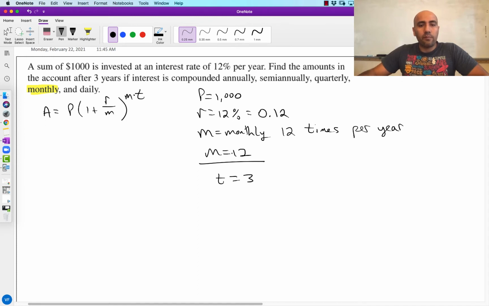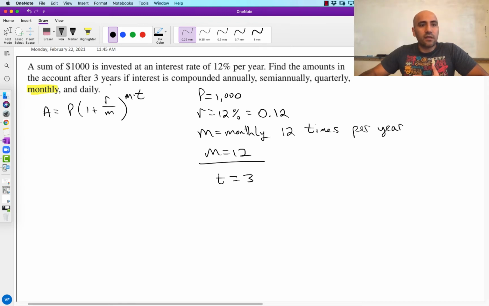Okay, so remember that the rate and the time is always presented, well, almost always, in the formula in terms of years. So the annual rate and T in terms of years. Now the word problem could be a little trickier. They could have said, find the amounts in the account after 36 months.